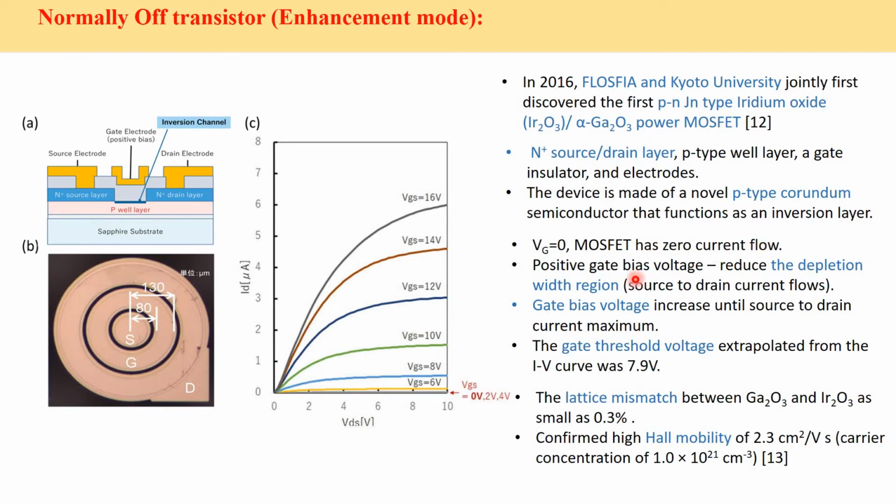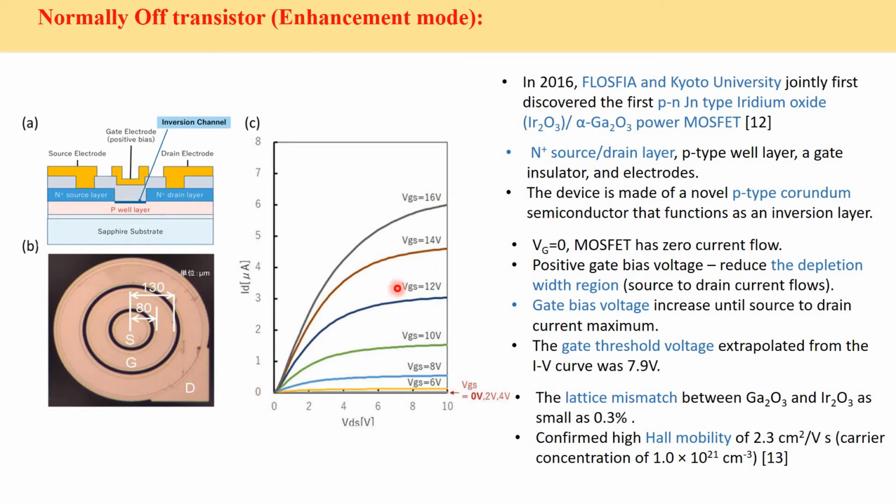When positive voltage is applied, the depletion width is reduced, the depletion layer actually forming between the P and N semiconductor, and then when we increase the gate bias voltage, the current starts to flow from source to drain, and at the threshold voltage of 7.9 volts, the current actually starts to flow.